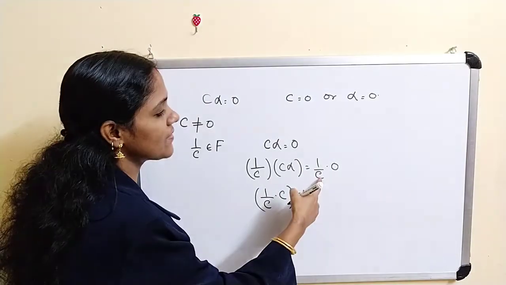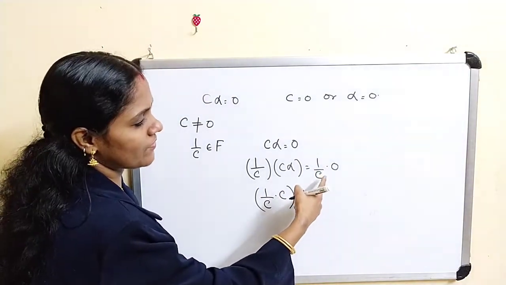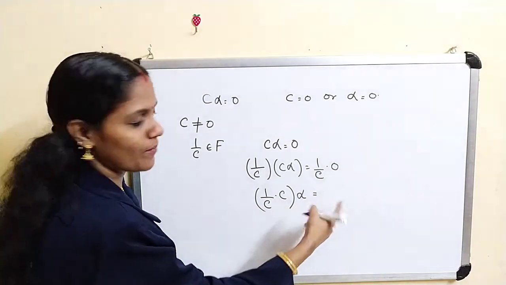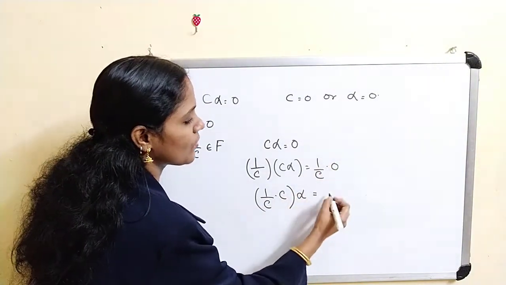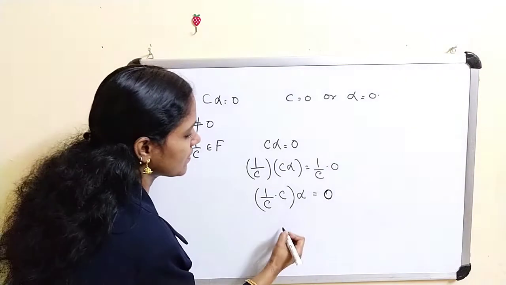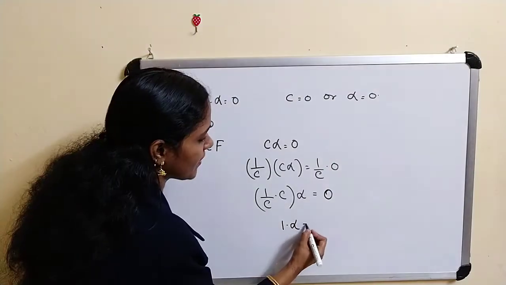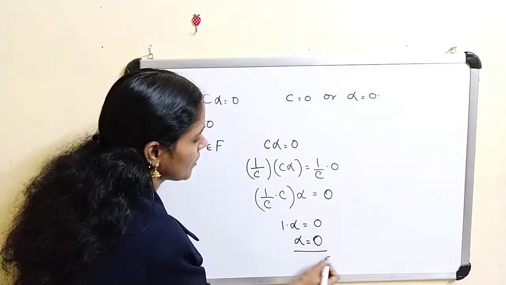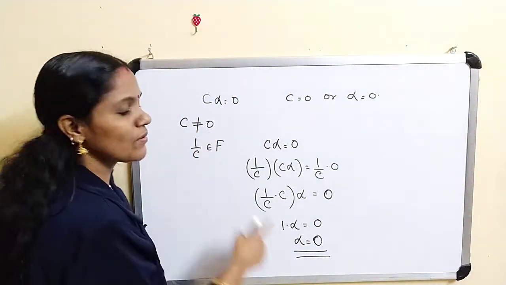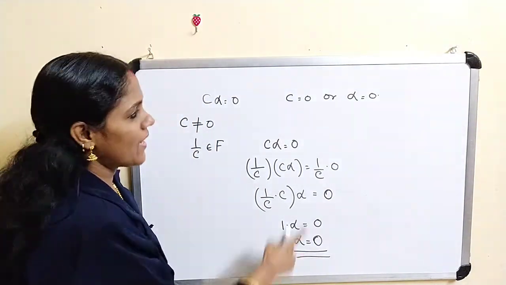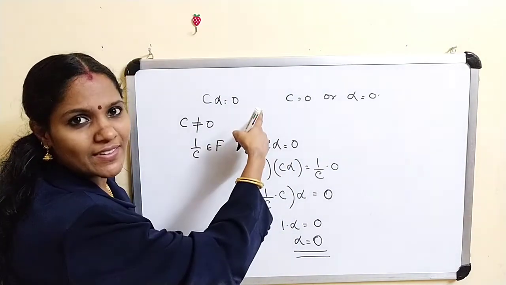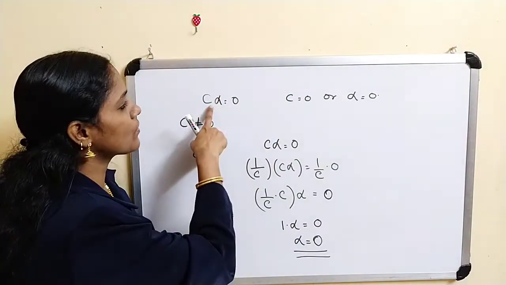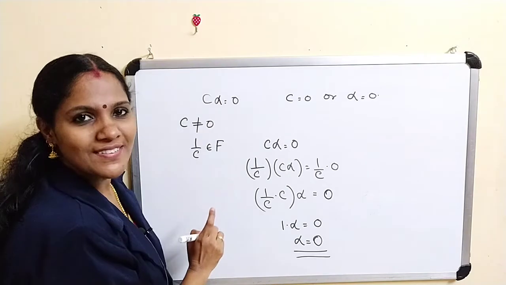And the right side is equal to our first case, c into 0 equal to 0. So 1 by c into 0 equal to 0. So this is actually 1 into alpha equal to 0. But 1 into alpha is alpha. Alpha equal to 0. Therefore, if c not equal to 0, then alpha must be equal to 0. And if c equal to 0, then clearly the result is true. Okay. If c equal to 0, then 0 into alpha equal to 0.